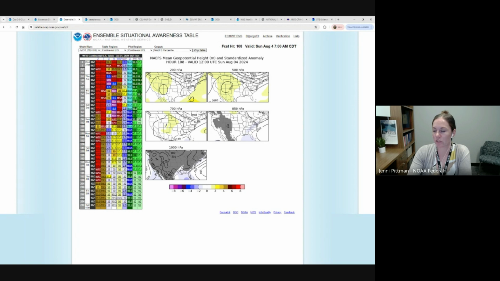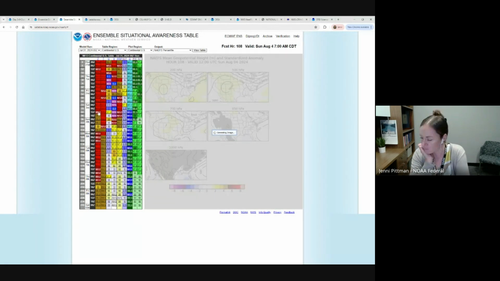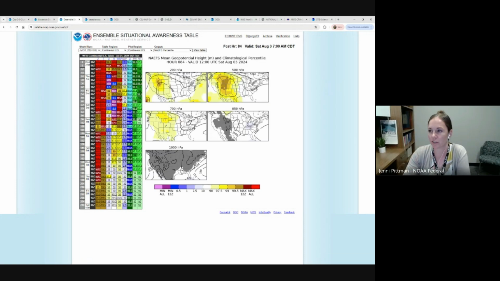Yeah, there are a lot of options here too. If you don't want to use a standardized anomaly, or if that's not something that you typically look at, the percentile can help kind of zero in on how this fits within the climatology or within the model climatology. So here you can see you're getting this max on the table, but it's actually almost off the side, possibly at 200 hectopascals.